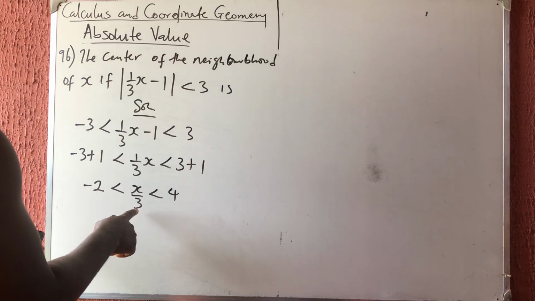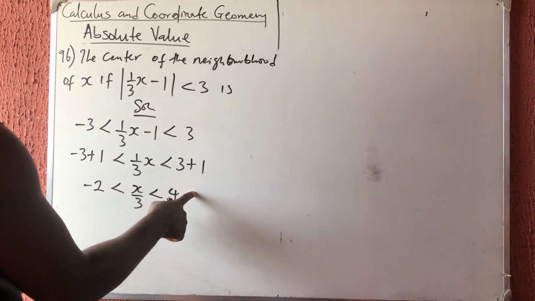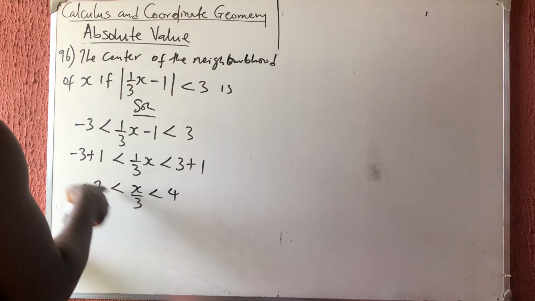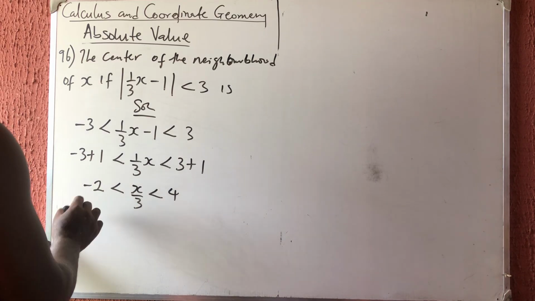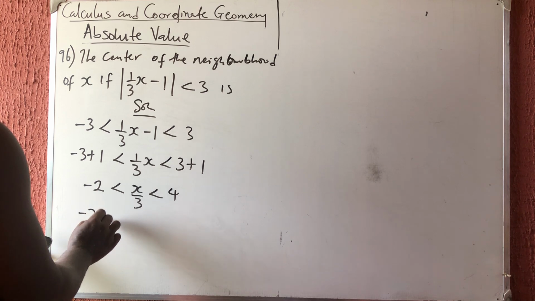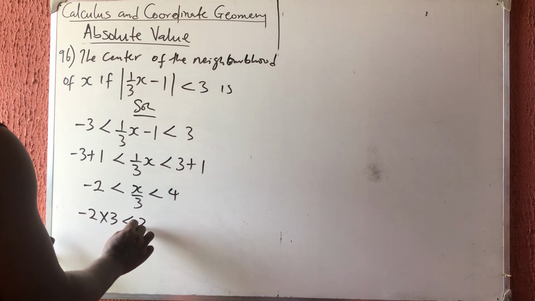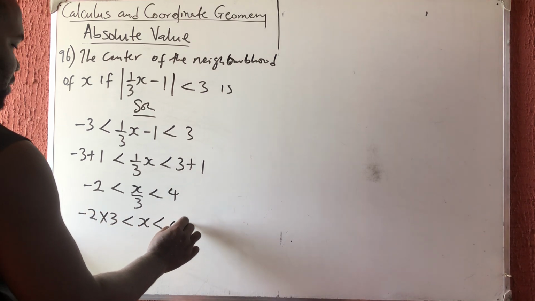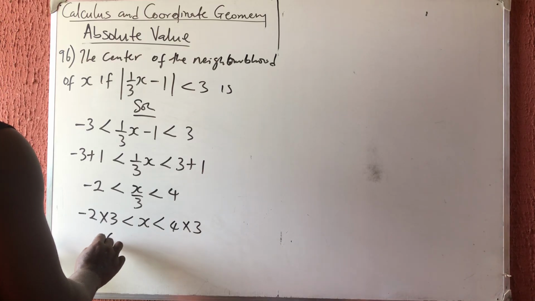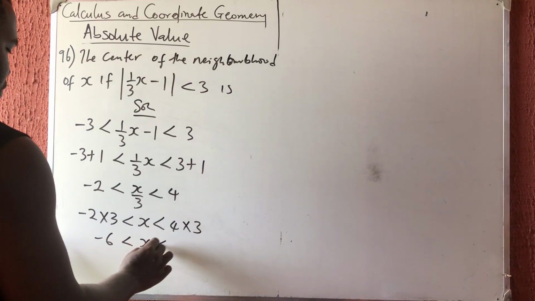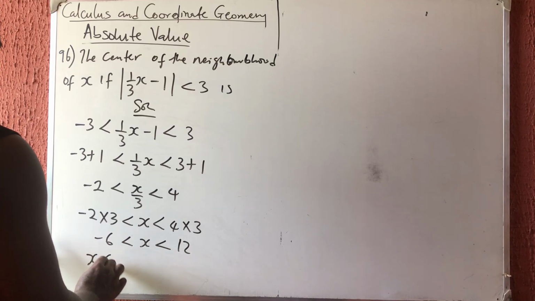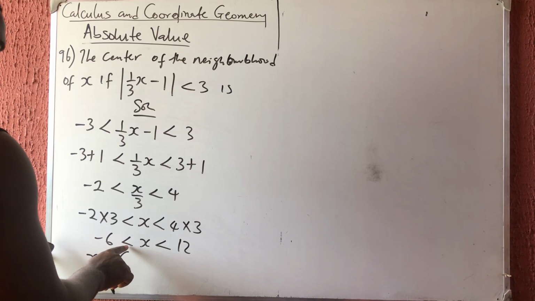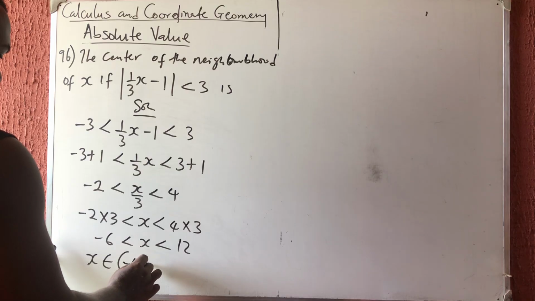We cross multiply. This 3 is at the denominator, so moving to the other side will multiply because it is already dividing. So we have minus 2 times 3 is less than x, which is less than 4 times 3, which is minus 6 is less than x, which is less than 12. So therefore x is an element of the open interval of minus 6 and 12.